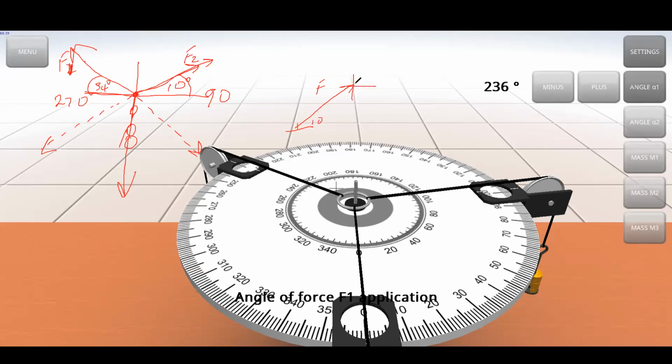Now you're going to draw this one here at 34. So you know automatically there's a 10 underneath there for that angle. When you join these two together, it represents your resultant. And that is what you're supposed to do.